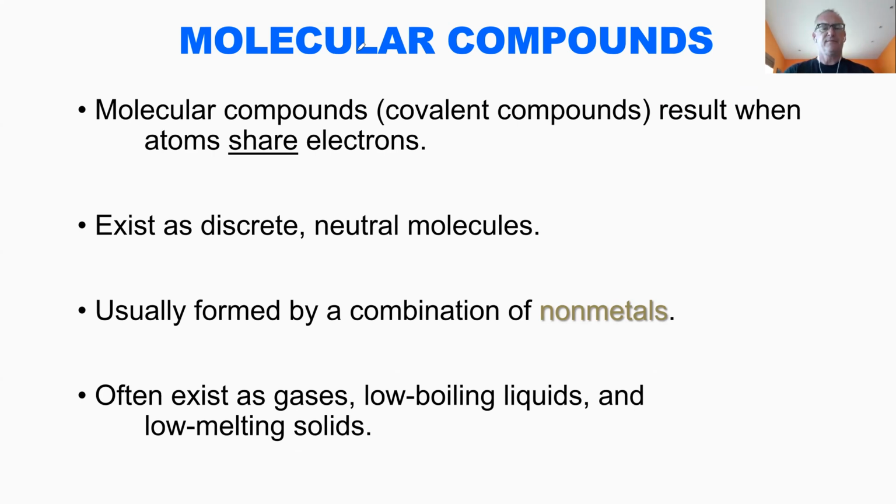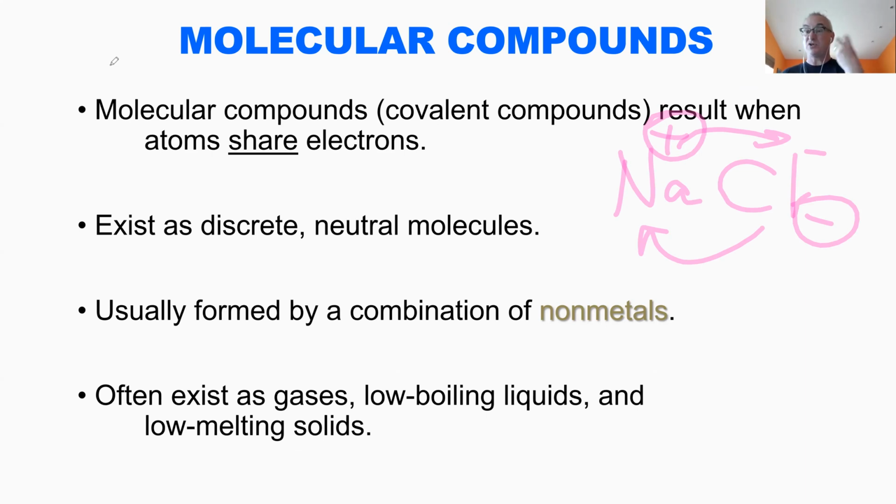So instead of the situation where sodium and chloride have a chemical bond because sodium gave an electron to chlorine and chlorine took an electron from sodium, so that sodium is now positively charged and chlorine becomes chloride with a negative charge, in this particular situation, if I have something like carbon monoxide, there's no, or let's say carbon dioxide.